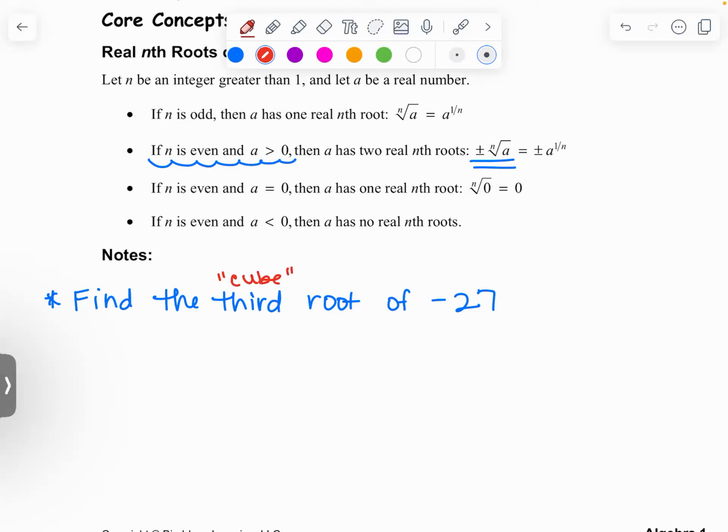Kind of like the cube root, right? The third root is like a cube root. I want to know what number to the third gives us negative 27. So basically, I want the cube root of negative 27, which is negative 3.